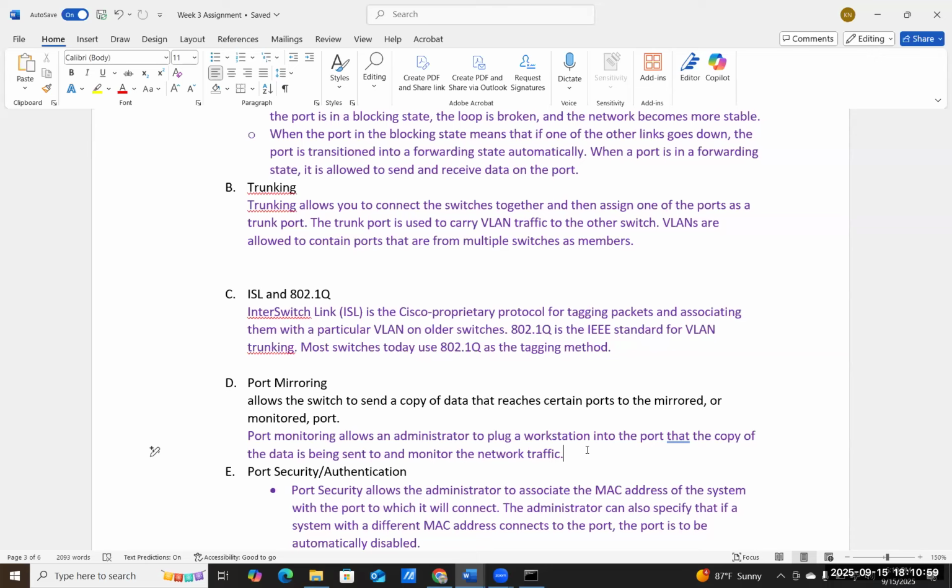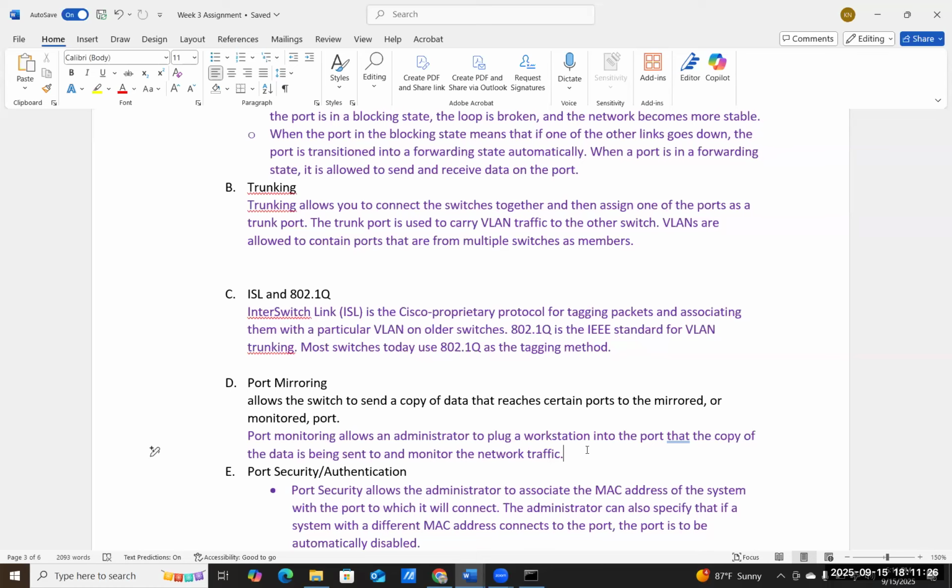You want to take the traffic that was sent to one port and copy it to another port so that way you can monitor it, okay? Without interfering with the existing traffic, okay? So we do this a lot for network monitoring and security reasons.